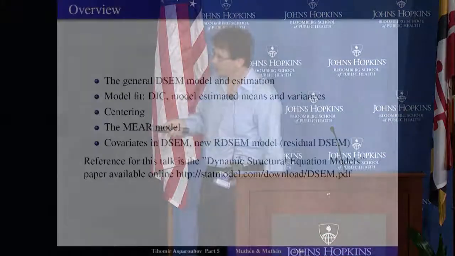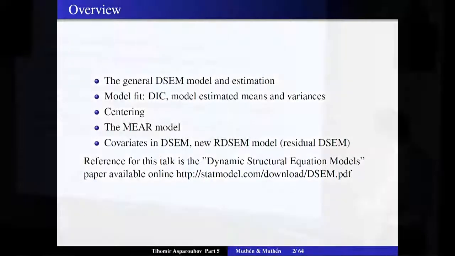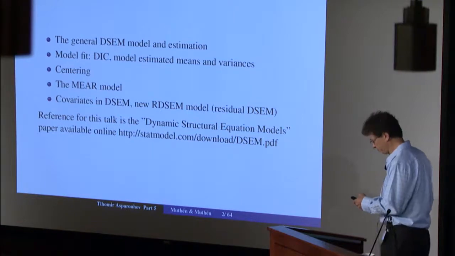We'll talk about the MEAR model that you heard a little bit about yesterday, measurement error autoregressive model. And the final topic will be adding covariates in the DSEM framework. And we'll also talk about the new model that we're working on, the residual DSEM model. That's going to be part of version 8.1. And this is basically the paper that has all the details pretty much of this talk.